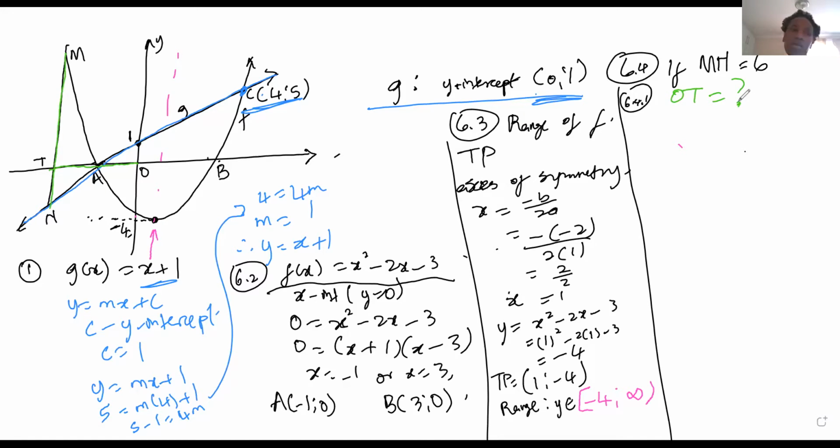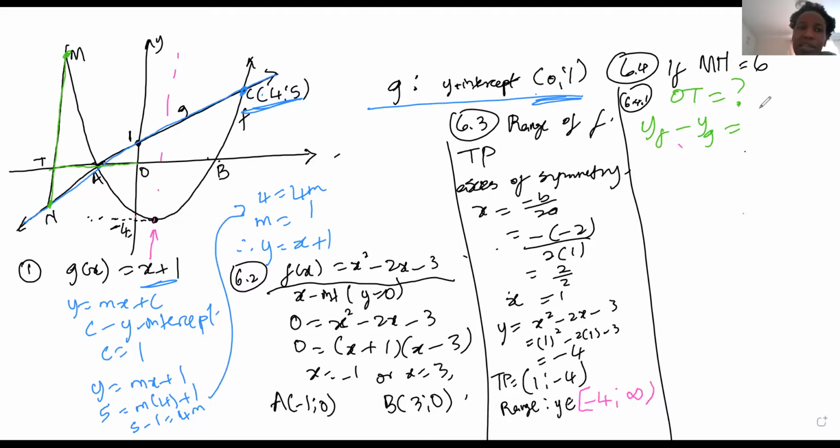MN is the y value, actually the length, which means the point here minus this lowest point here. MN is the maximum value of graph f minus the minimum value of y, which is the y on graph G, right?